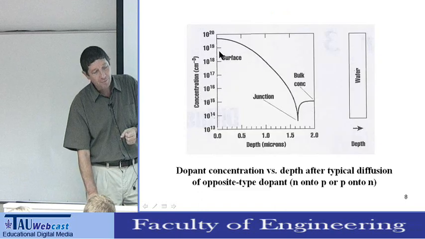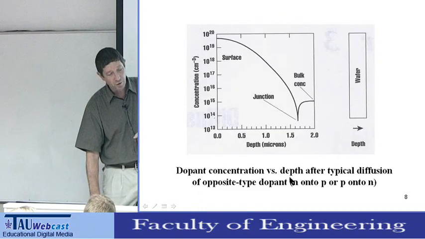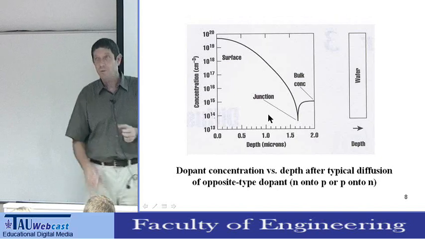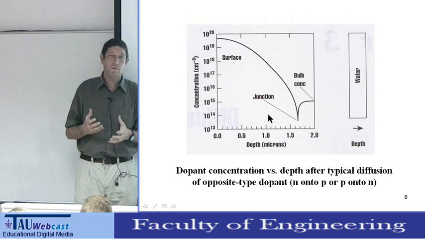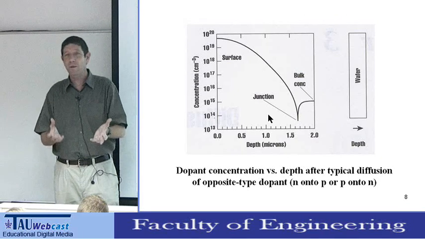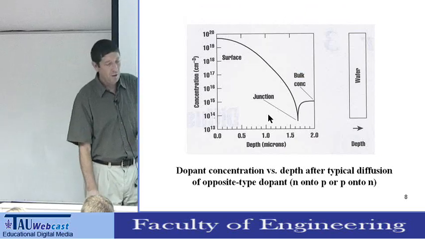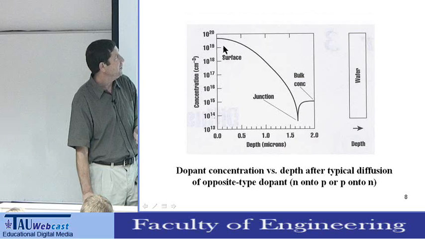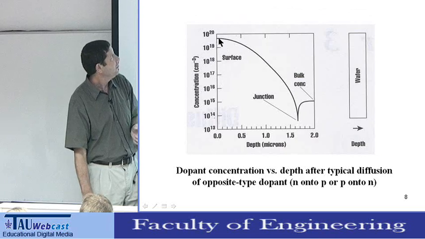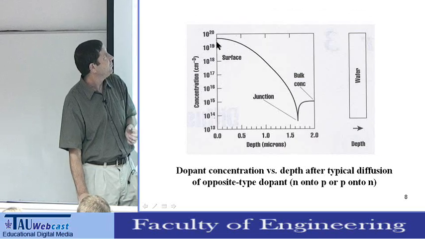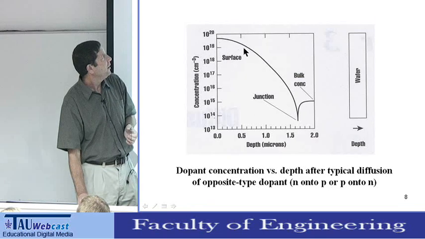Now, typical dopant concentration versus depth. If I want to teach you about doping, I'm going to show you typical profiles. For example, this is the surface. This is the doping, which starts at a few times 10^19. As you go inside, the concentration goes down.